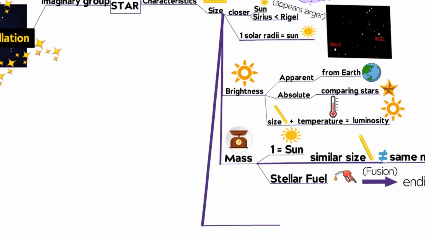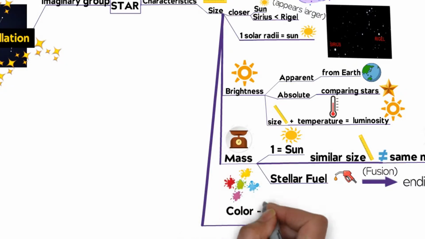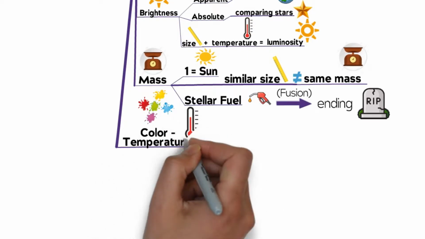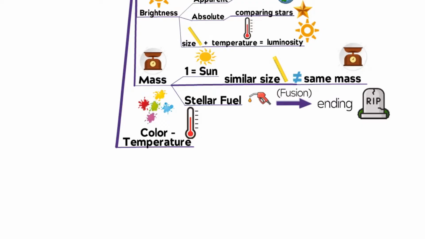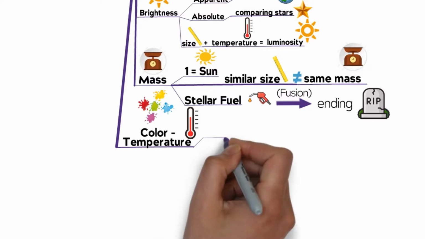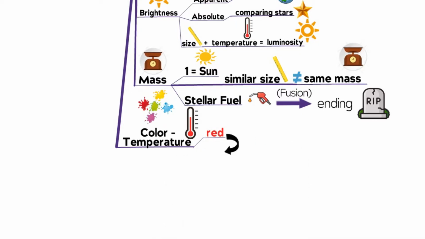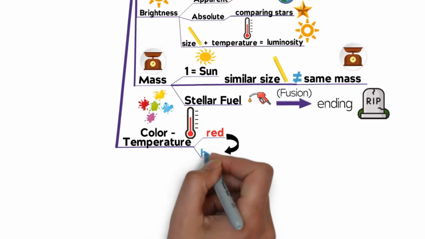Number 4, color and temperature. The color of the star indicates its surface temperature. Star color ranges from red to blue.